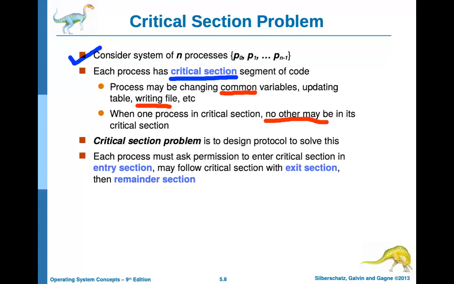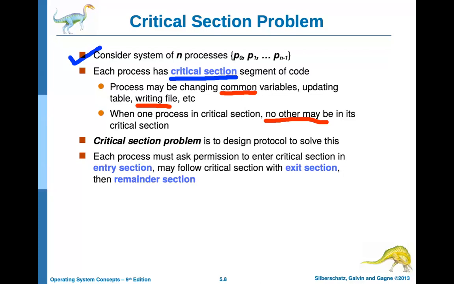Providing a solution to this critical section problem is like designing a protocol. We need to design some sort of protocol so that we provide a mechanism to avoid data inconsistency.